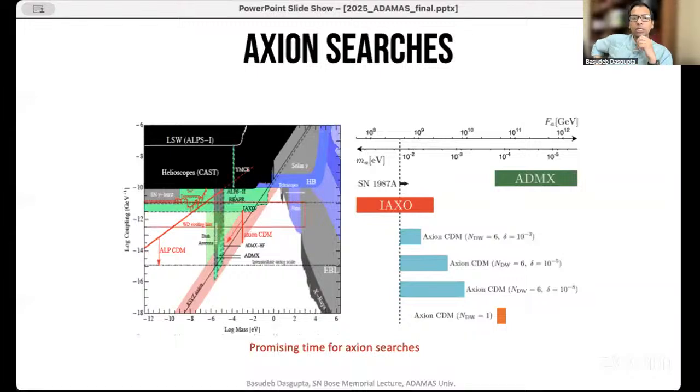One of the most popular ways of looking for axions, this very light dark matter, is using things that resemble radios. So it turns out that the axion particle couples very, very weakly to two photons. And so one of the photons could therefore be a magnetic field.